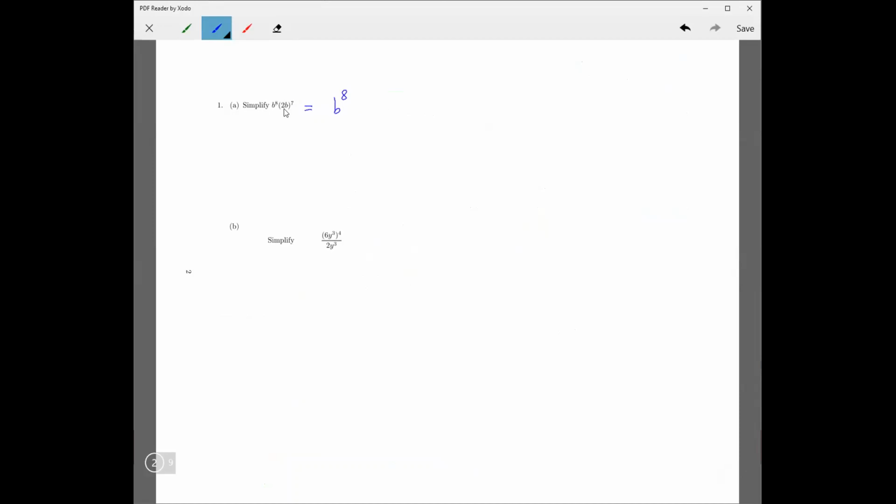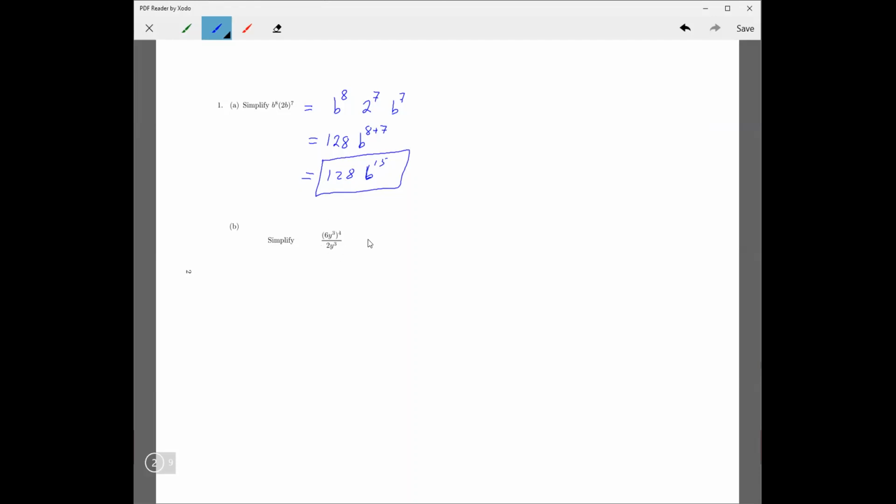So this quantity raised to the 7th, that's going to be 2 to the 7th times b to the 7th. And then the 2 to the 7th is 128. And then these two, you combine those and add. So that's just using the properties from the first page. So 128 times b to the 15th, that's the answer to 1a.